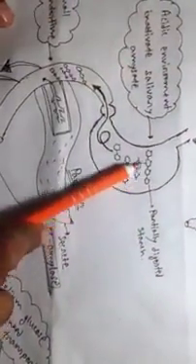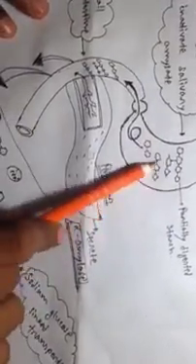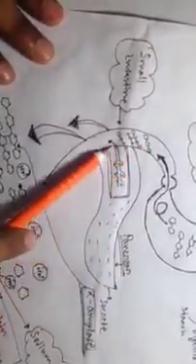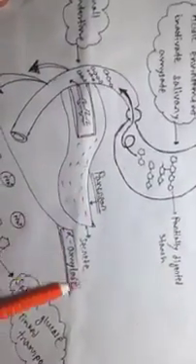So the summary is the digestion of carbohydrate starch in the mouth by salivary amylase, but the salivary amylase is no longer active in the stomach due to the acidic environment. Then the food enters into the small intestine, and in the small intestine the pancreas releases alpha amylase.